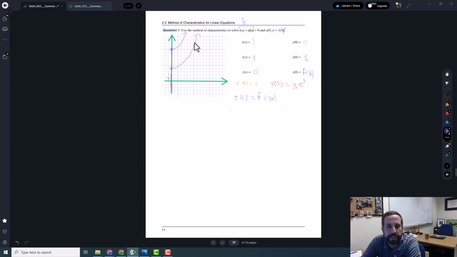If I pick a generic point in the plane, let's say (a, b), and trace my characteristic back to the starting point, which I will call (0, y naught), then I know that along this curve the PDE reduces to an ODE.